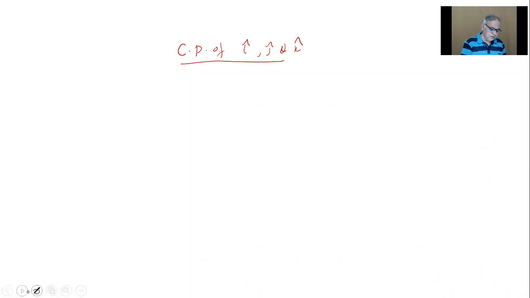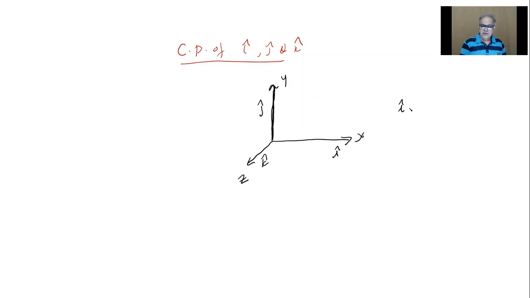Once again, put your coordinate axis x, y, z, then i cap, j cap, k cap. i cross j will be mod i mod j sin 90 n cap. n cap is perpendicular to i and j in the right hand thumb direction.